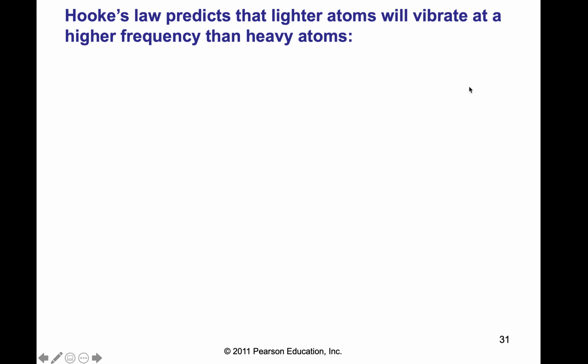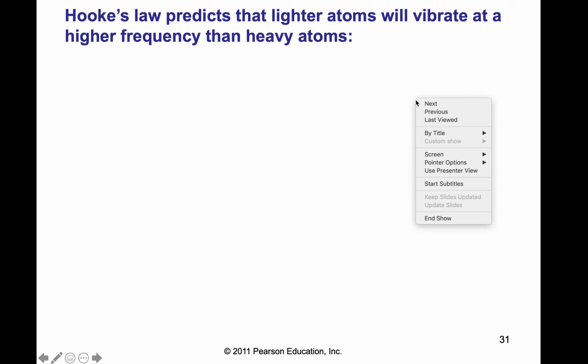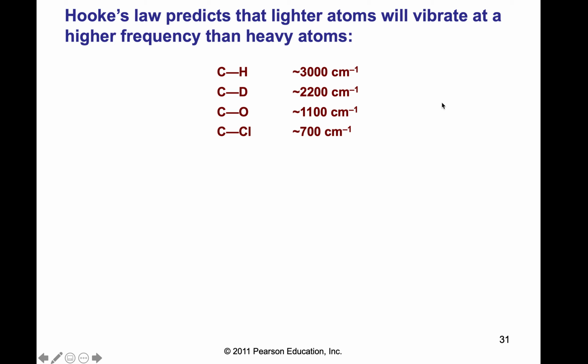But that's Hooke's law. And that predicts that lighter atoms will vibrate at a higher frequency. They'll be over to the left in the spectrum compared to the heavy atoms. For example, a CH stretch for that sigma bond would be about 3,000 reciprocal centimeters. We could calculate that. For a deuterium replacing hydrogen, it'd be 2,200 because deuterium's heavier.